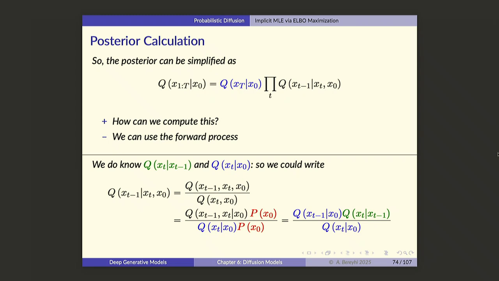Because at particular time t, you can also write it down in terms of the previous time. So you can write it down as square root of alpha t times x t minus 1, plus square root of 1 minus alpha t times some other epsilon tilde t, right? This guy is not this one, of course, but they are the same statistically.